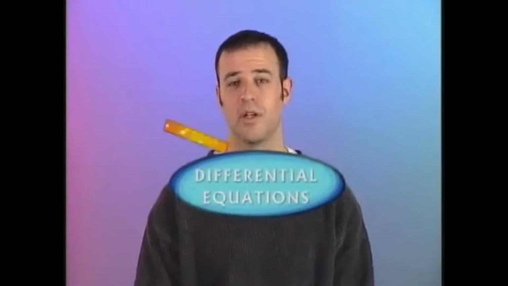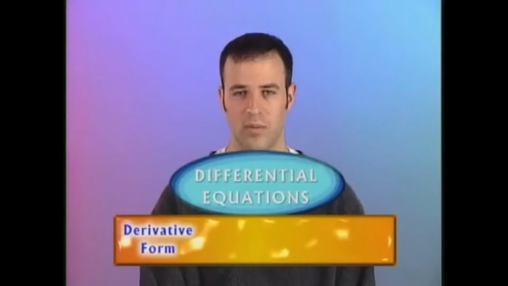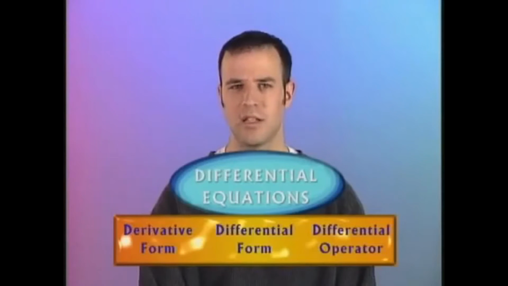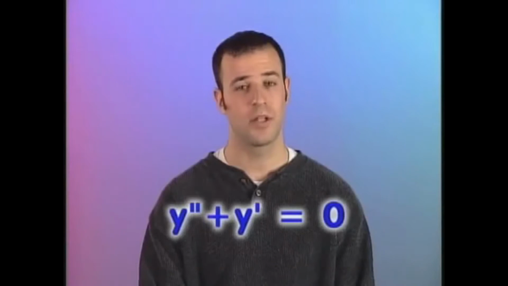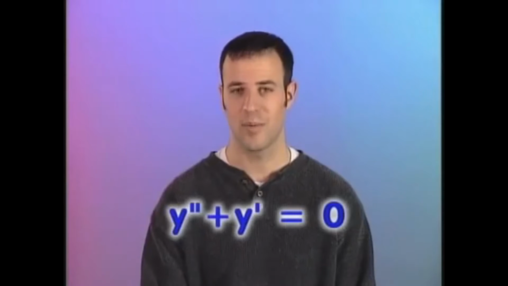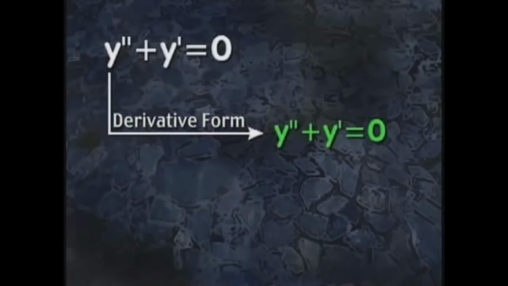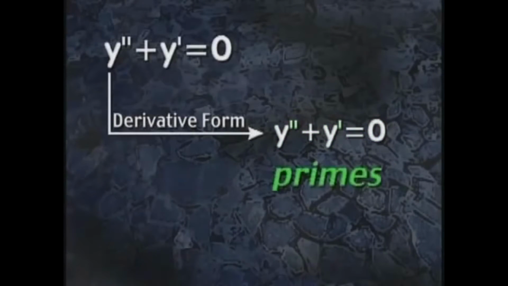Differential equations can be written in three different forms: the derivative form, the differential form, and the differential operator form. Let's take the differential equation y double prime plus y prime equals 0 and talk about form. In the derivative form, our equation would look like this, with the prime notation. See those little primey things? Those are primes, and that means we're looking at the derivative form.